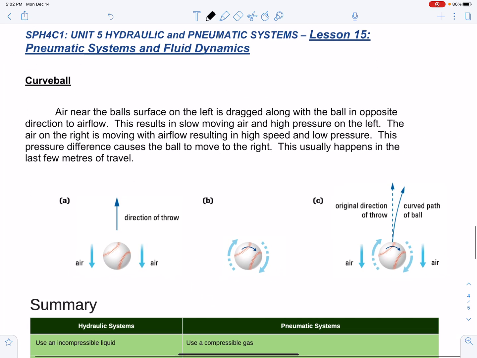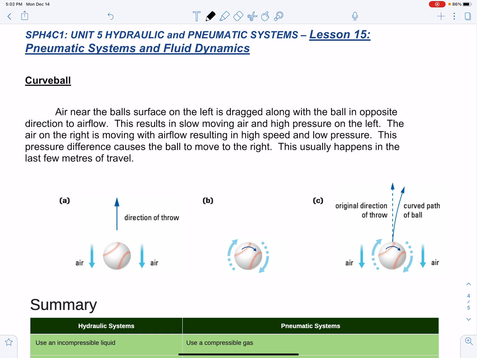Bernoulli's principle can also be used to explain the phenomenon of a curveball. A curveball is a way to throw a baseball such that instead of traveling in a straight line, it forms a curved path. The way this happens is air near the ball's surface on the left is dragged along with the ball in the opposite direction. This results in slow-moving air and high pressure on the left-hand side.